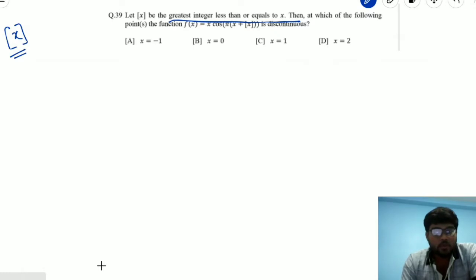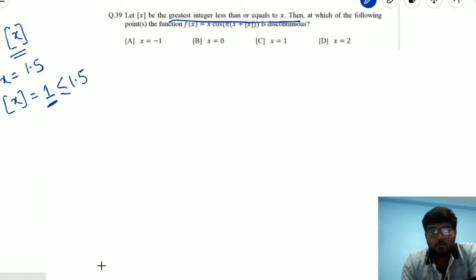Suppose x equals 1.5. Then the box value of x is equal to 1, which is the greatest integer less than or equal to 1.5. So this is the integer value.